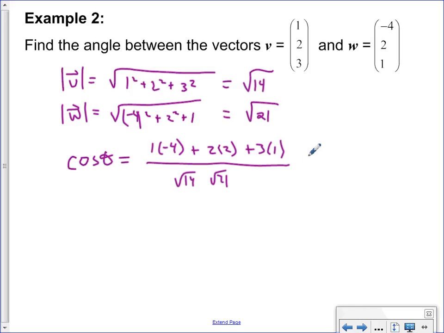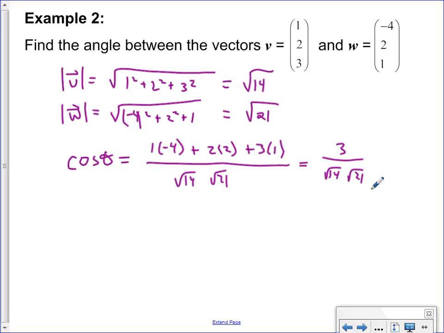Which is 3 over root 14, root 21. At this point, you do not have to rationalize the denominator. This problem is calculator ready. This is obviously a paper 2 one because it's not like the cosine of theta equals 1. All right, here we go.